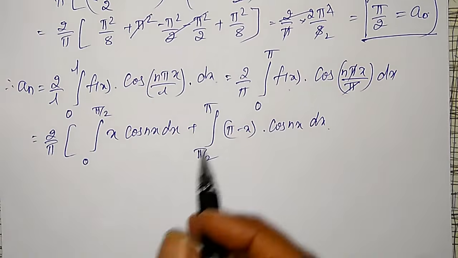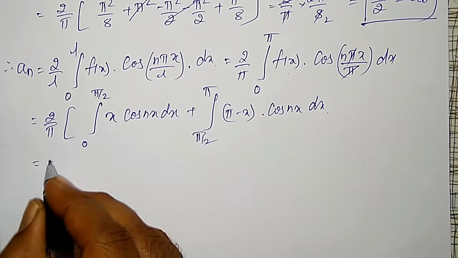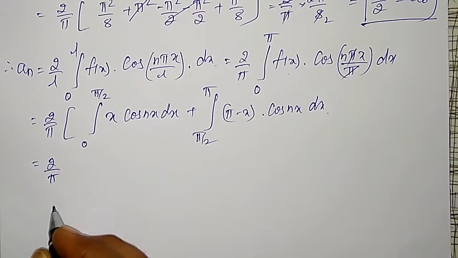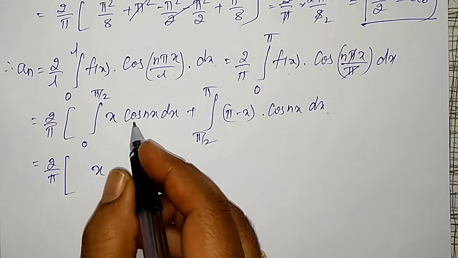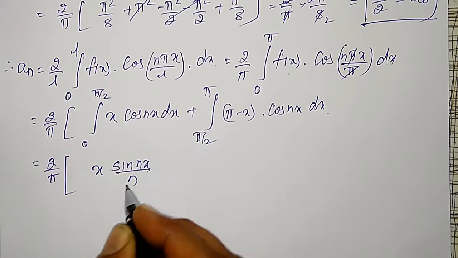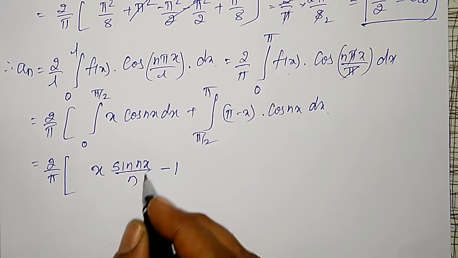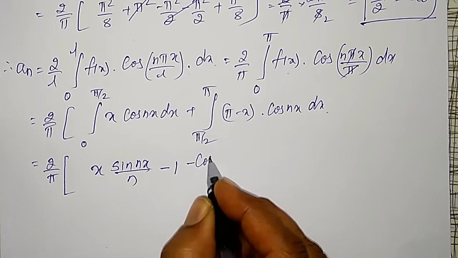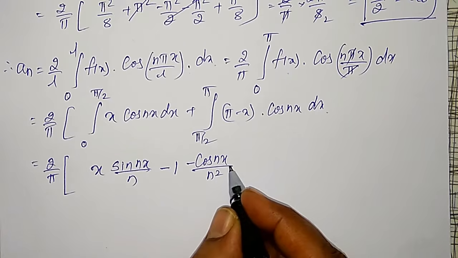For both the terms I have to use Bernoulli's rule to integrate them. That is 2 by pi outside, first term by Bernoulli's rule: x into integration of cos, which becomes sin nx divided by n, minus differentiation of x, which is 1, into integration of sin nx, which is minus cos nx divided by n, and already one n is there, so that is n square.